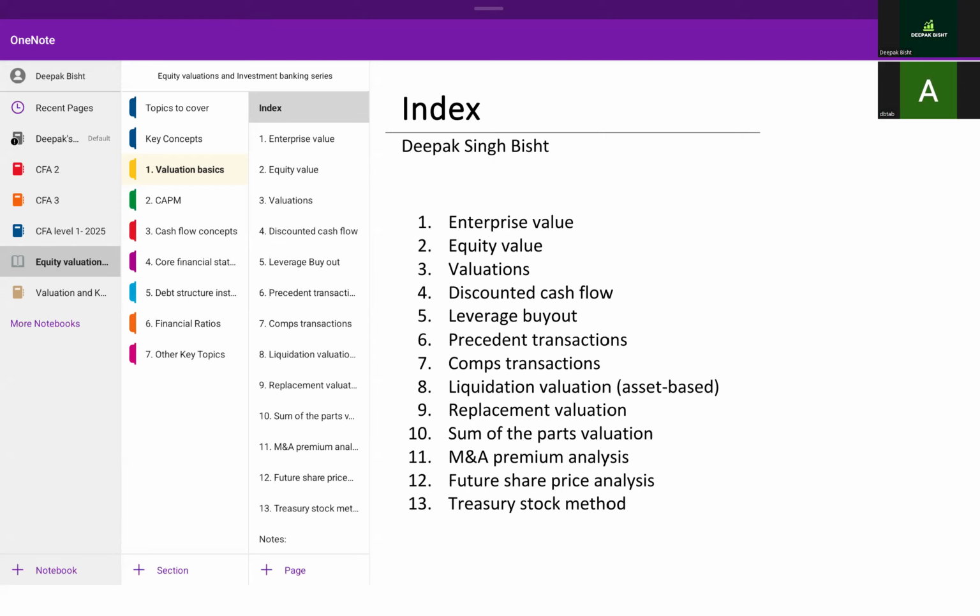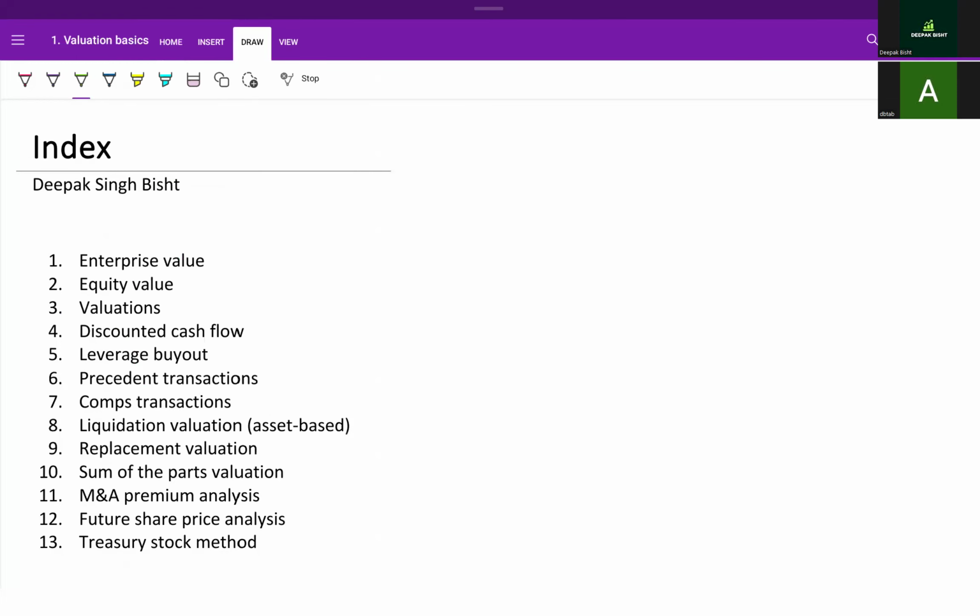So valuation basics, episode one. Here we are going to start with the enterprise value. And then we will talk about equity value, the valuations, the types of valuation, discounted cash flows, and the other elements which I have indexed here.